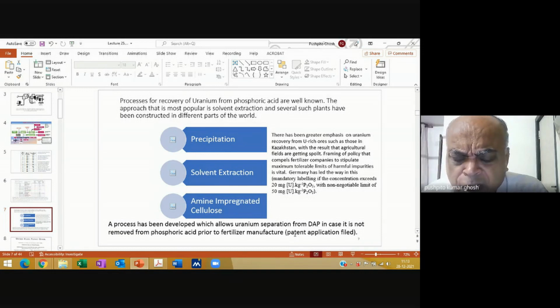It's not all happy news. There is some good news and some things which are not so good about the process. But a patent application has been filed, and one will have to see if it's possible to overcome those drawbacks. Like there is some loss of phosphorus during the process, which nobody is going to accept. So one will have to see whether that problem can be solved.